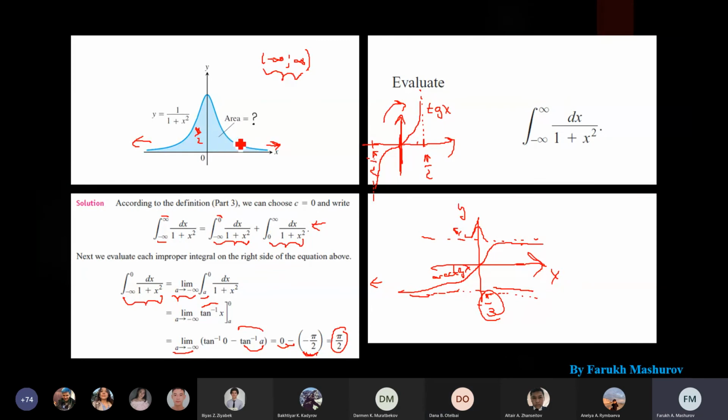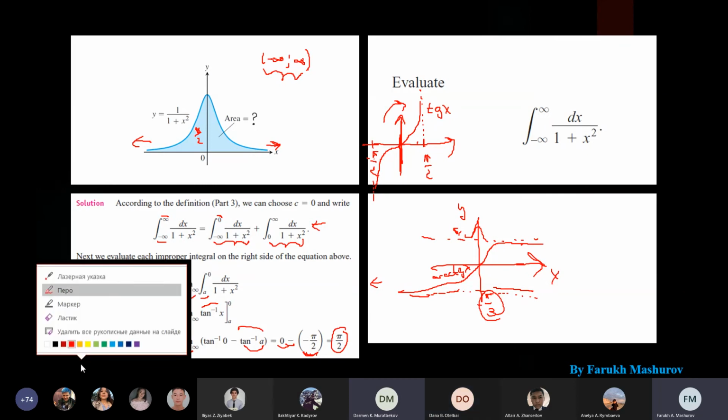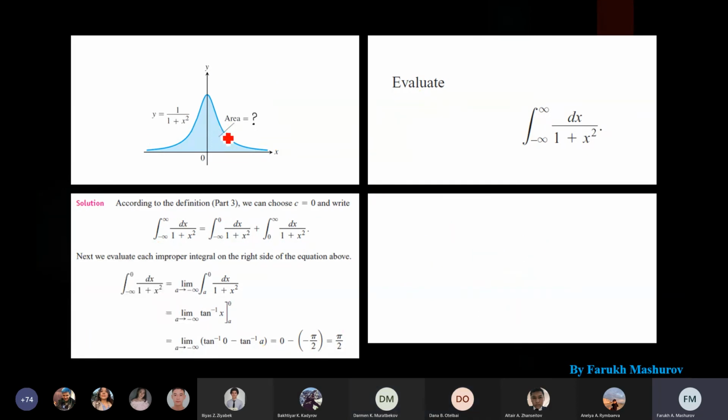So what will be the area of the right part? Similar, the same, because we have a symmetric function here, so we can claim that this one is also pi over 2.